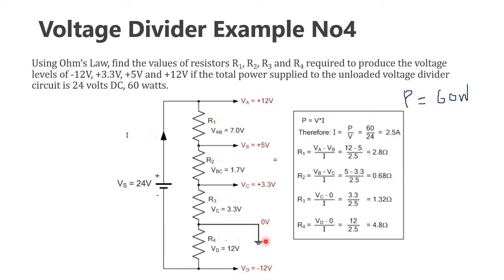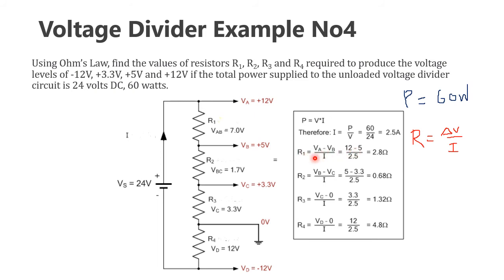From this 0 ground voltage, these two tapping volts are calculated. So, using Ohm's law, R can be calculated by R will be equal to delta V over I. Here the delta V means difference of the voltage. So the voltage difference is 12 minus 5.